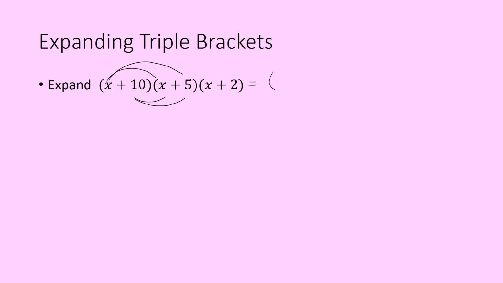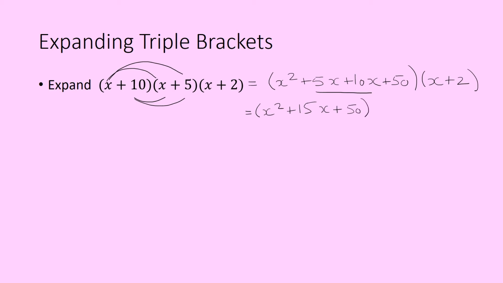So we end up with x squared plus 5x plus 10x plus 50, in brackets, and the x plus 2 is still there. We can collect like terms to make it simpler, and we get x squared plus 15x plus 50 multiplied by x plus 2.